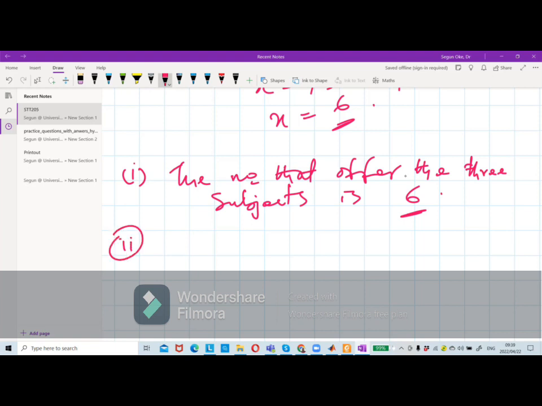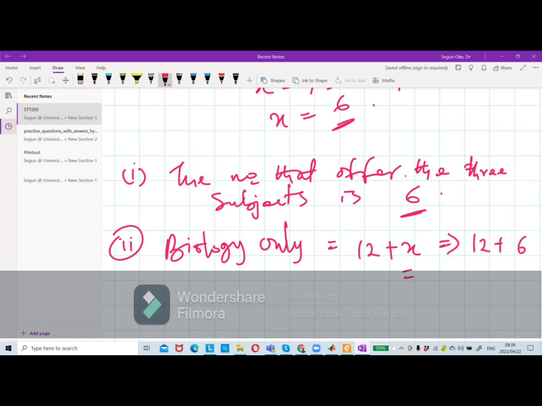Number 2, biology only. It is going to be 12 plus x, which is the same thing as 12 plus 6, and we know it is 18.